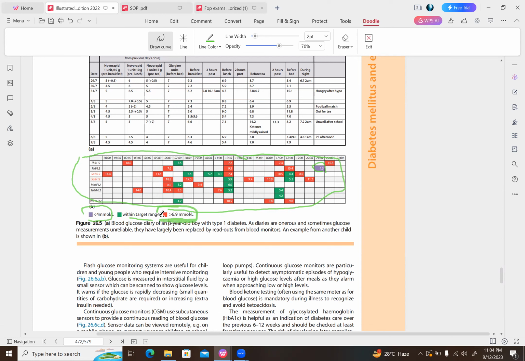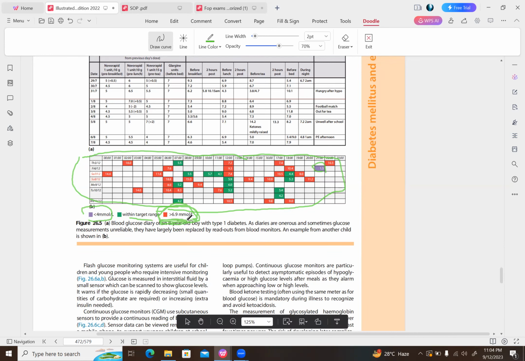So we have to manipulate the insulin where it is red, where it is more than 6.9 or 7. There you have to manipulate. I will show you the one table which is given in recalls, then you can easily understand.